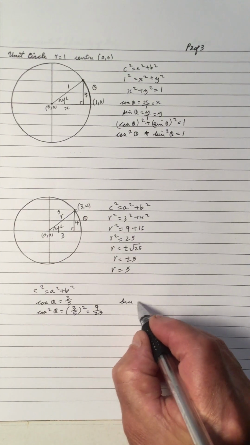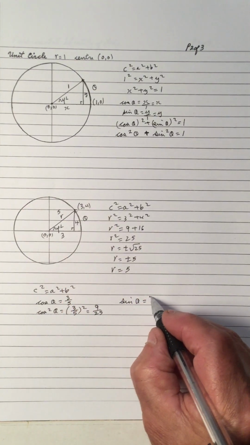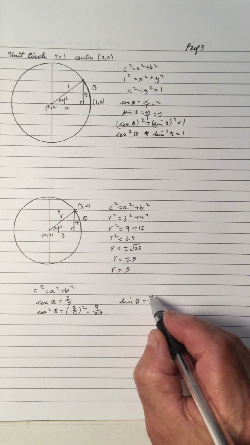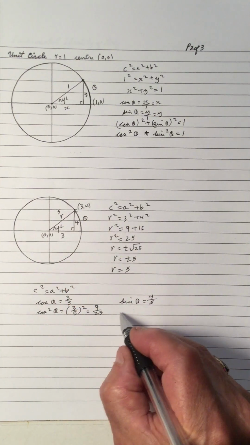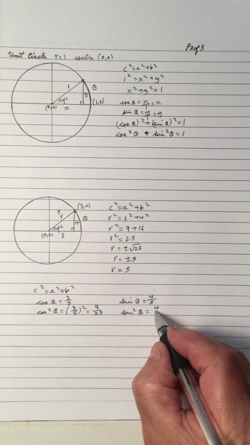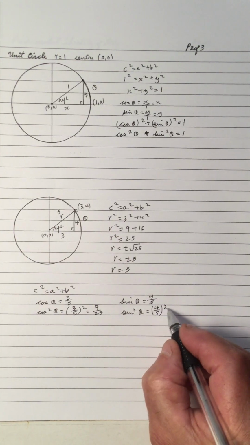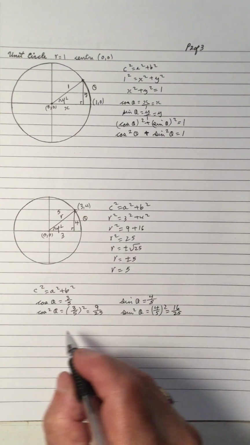And the sine of theta, sine is opposite over hypotenuse, which is 4/5. So we take the sine and square it. 4/5 squared is 16/25.